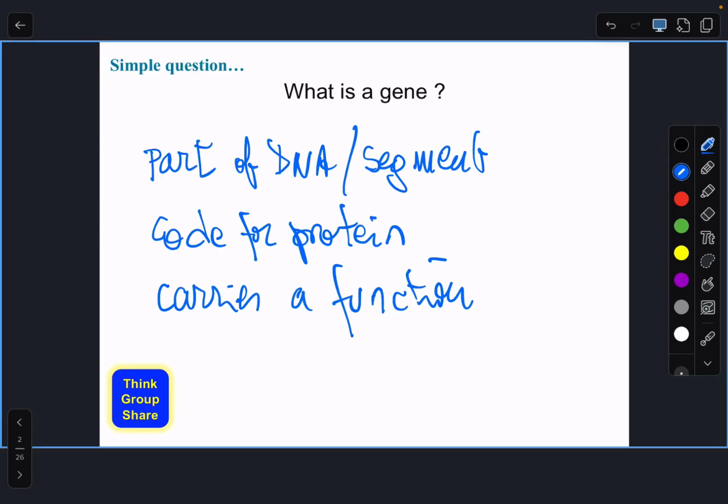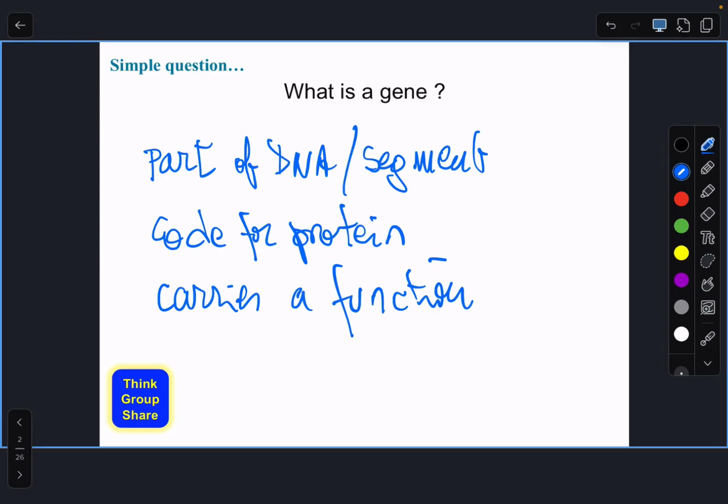Yeah. So we're still in the same theme, right? Expressing a function, expressing a phenotype, coding for a protein. Non-coding, what does that mean? It's kind of part of the chromosome. Uh-huh. So you're a part of the chromosome, but by non-coding you mean that it has no function?